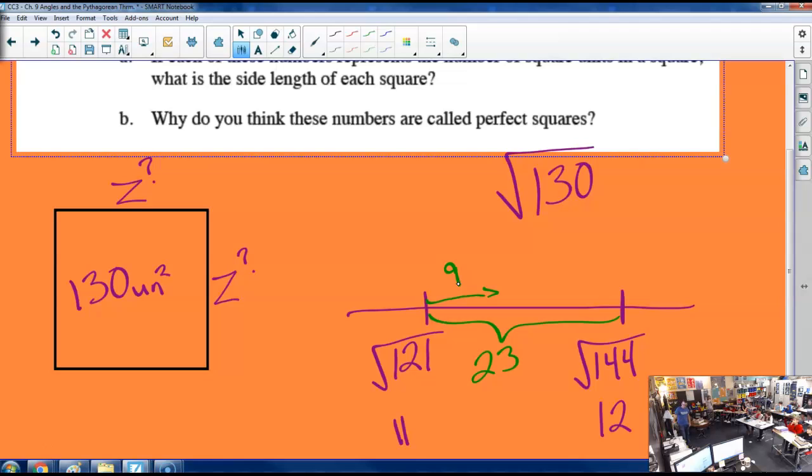So we know it's more than 11. And then approximately 9 out of the distance between them, which is 23. Now we don't write it in radical. Someone with a calculator, type in 9 divided by 23. It's 0.3913043478.